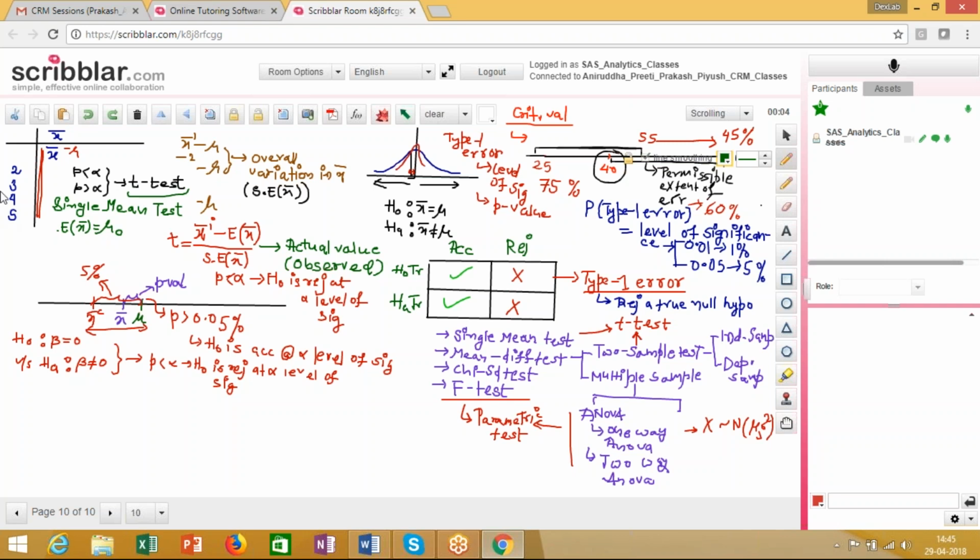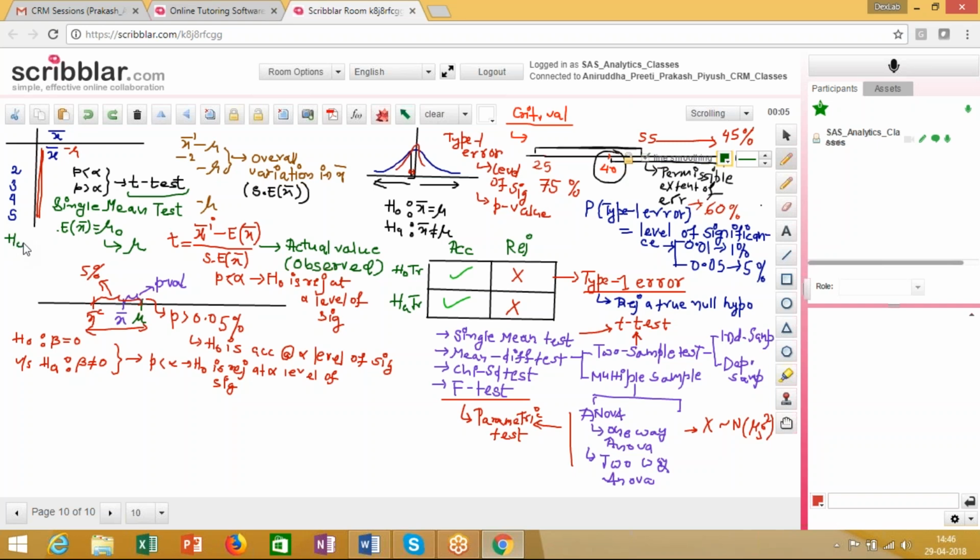Now what I want to know is, can I use this value and say that this is nothing but the population mean? So what I need to do is a test. So what is my test over here?